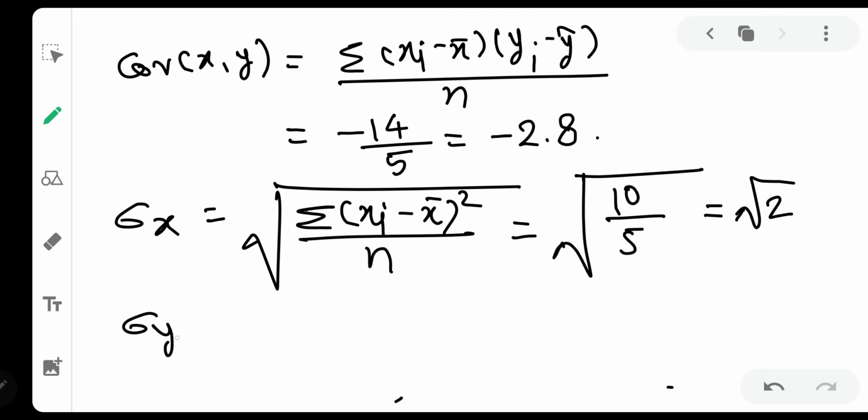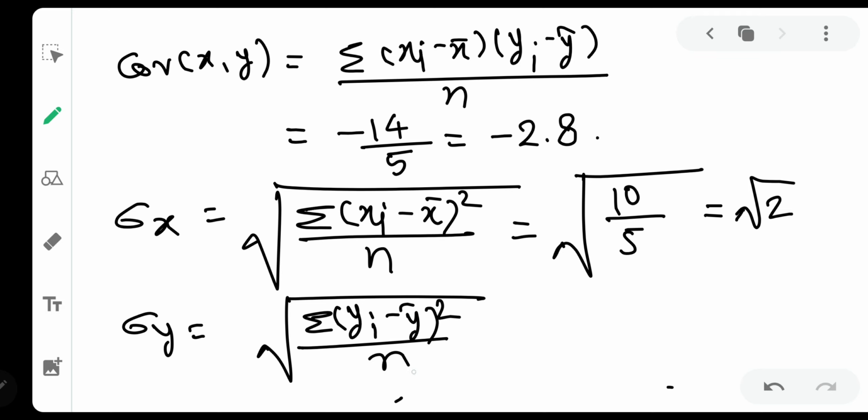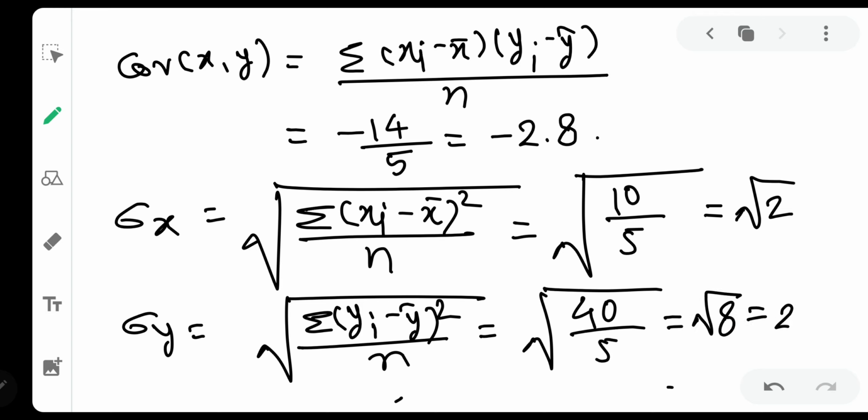Similarly, let us calculate deviation y. It will be under root summation yi minus y bar the whole square upon n, which was equal to 40 upon 5, which is nothing but root 8 and which can be written as 2 root 2. So we have gotten covariance of xy, standard deviation of x and standard deviation of y.